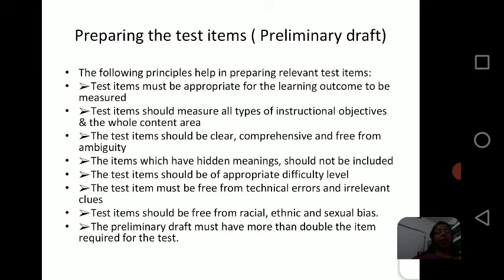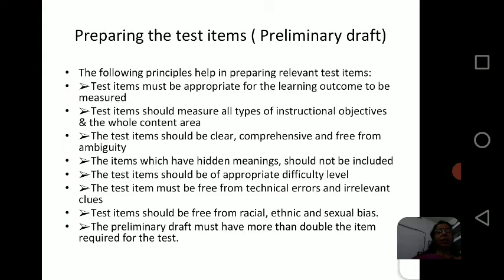Okay. The test items should be clear, comprehensive, and free from ambiguity. Then the items which have hidden meanings should not be included. The question should be straightforward. Direct questions are to be prepared. The test items should be of appropriate difficulty level. We have mentioned that the different difficulty level has to be maintained while preparing the questions.